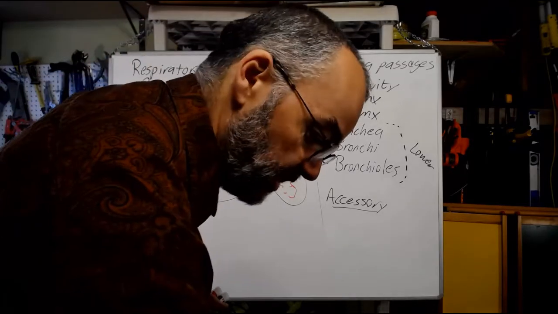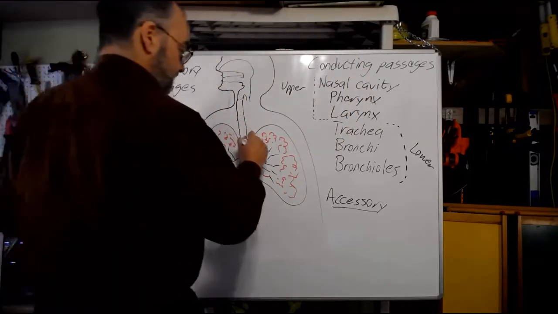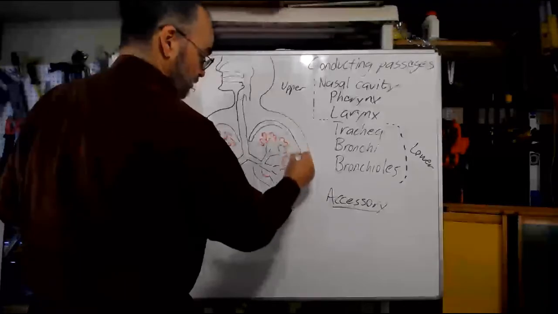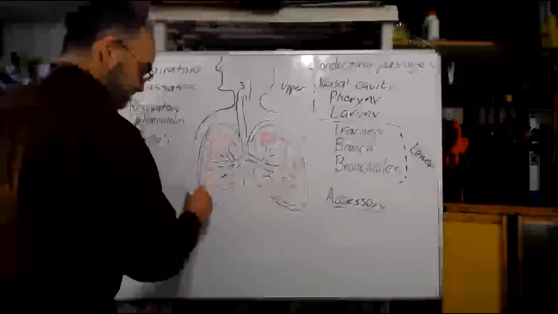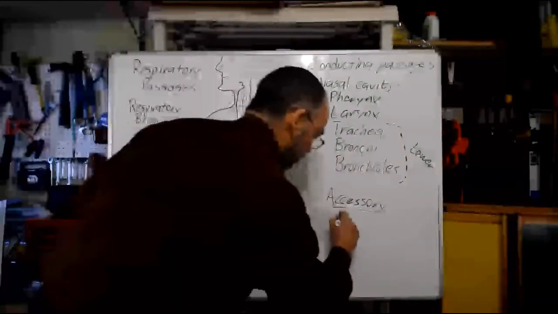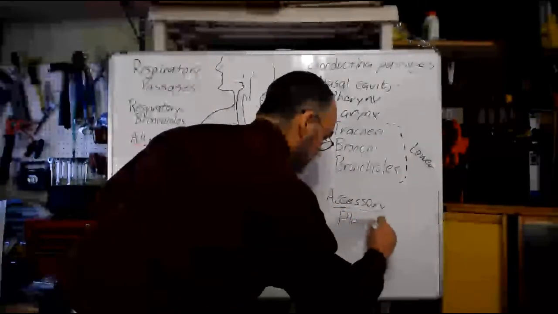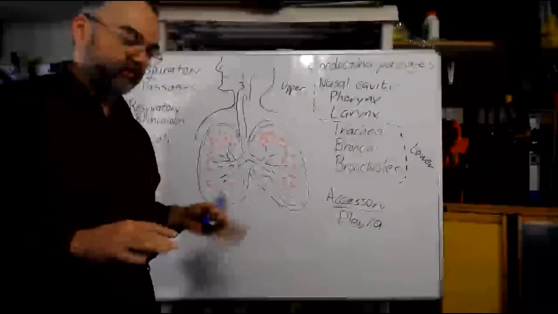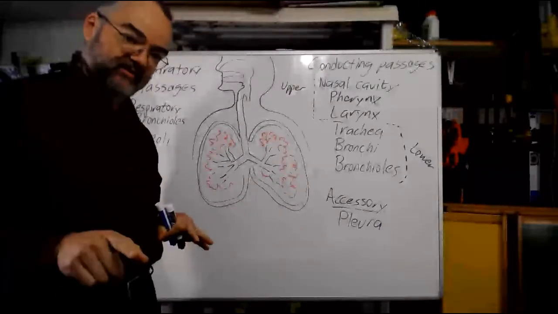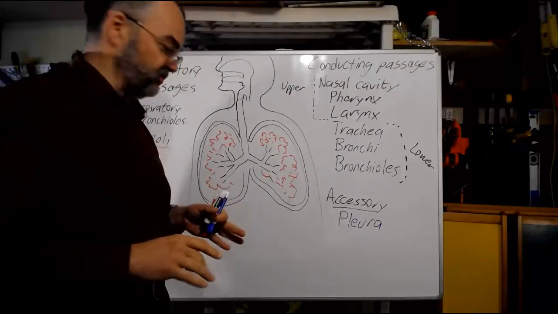So here we'd be talking about things like the pleural membranes that surround the lungs. So things like the pleura. There's actually two of them, an inner and an outer pleura, visceral and parietal, but we'll talk about that a little bit later in the details when we talk about ventilation.